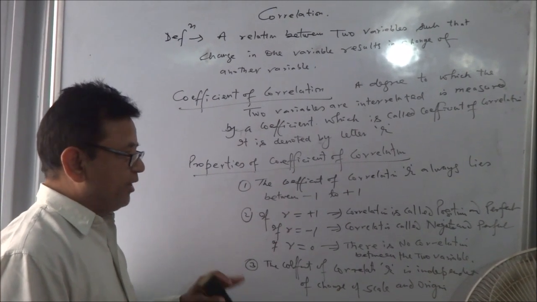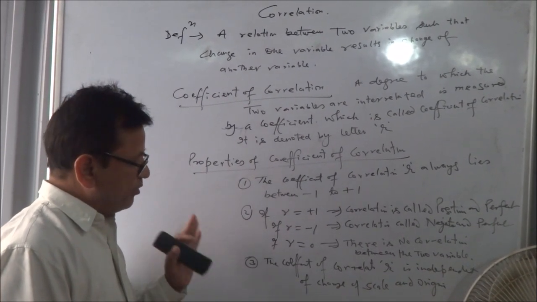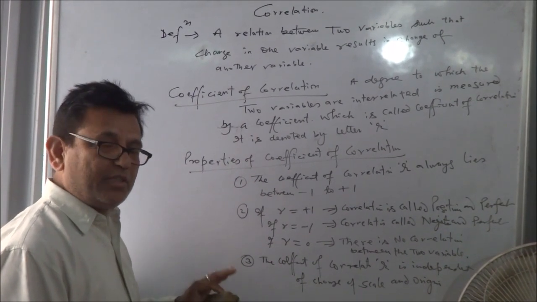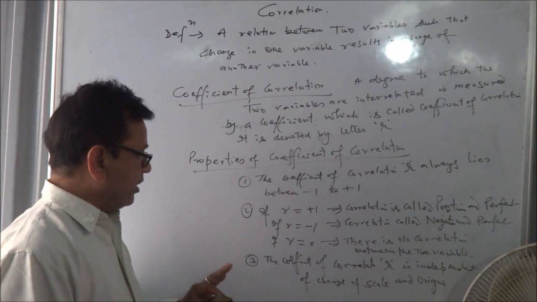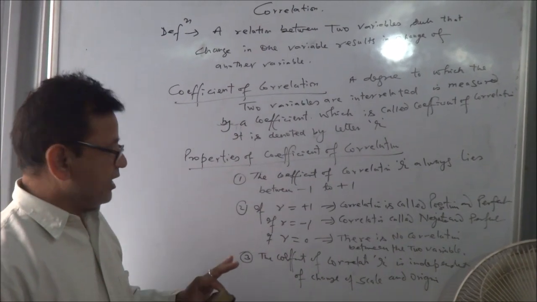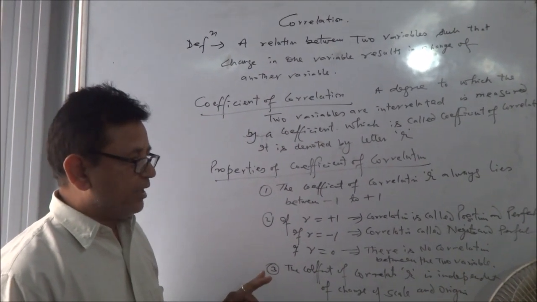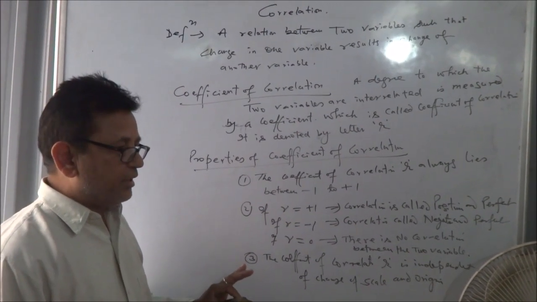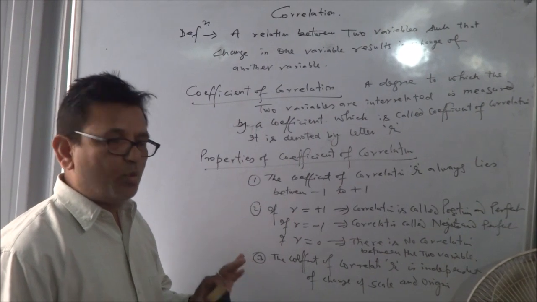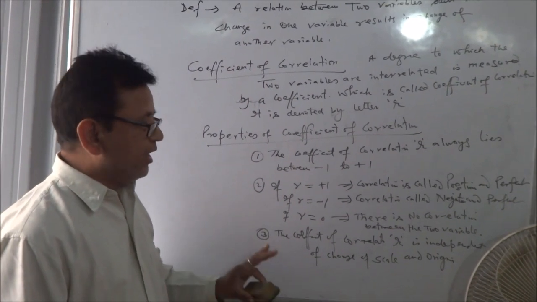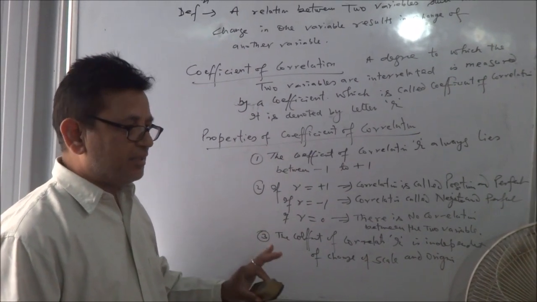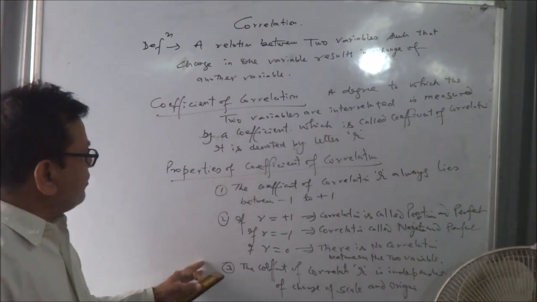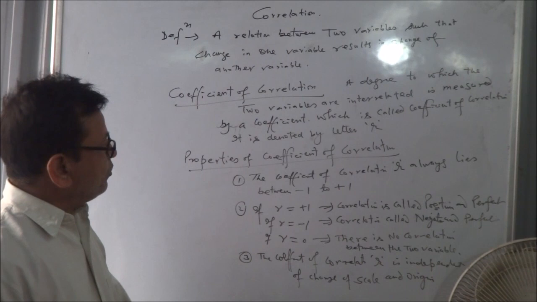If r lies between 0.3 and 0.6, there is only a possibility of correlation. If r is less than 0.3 or -0.3, there is possibly no correlation. But if r equals 0, there is a total absence of correlation. These are all the properties of the coefficient of correlation.